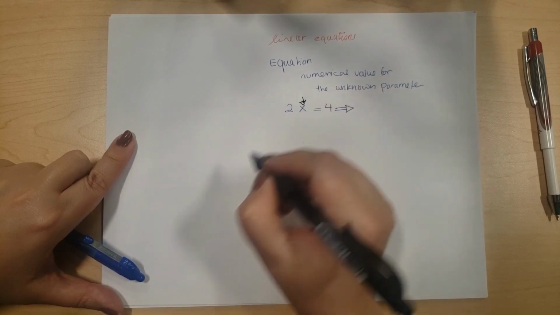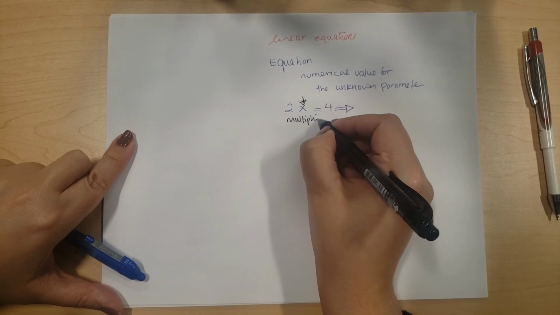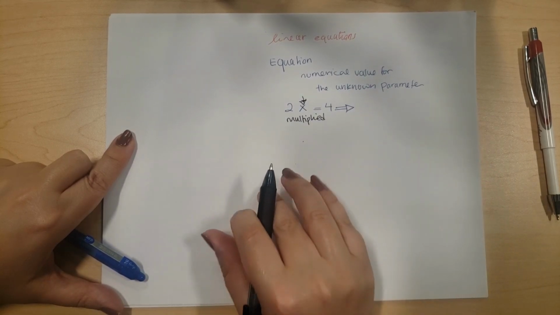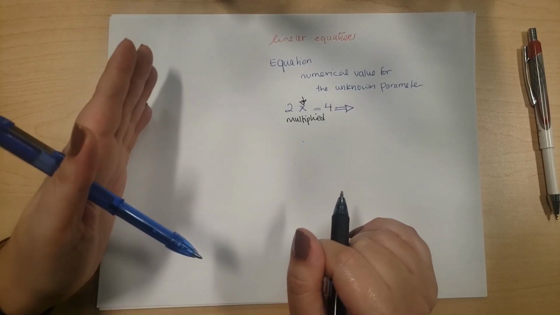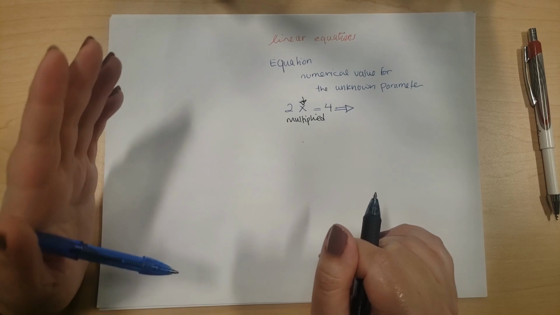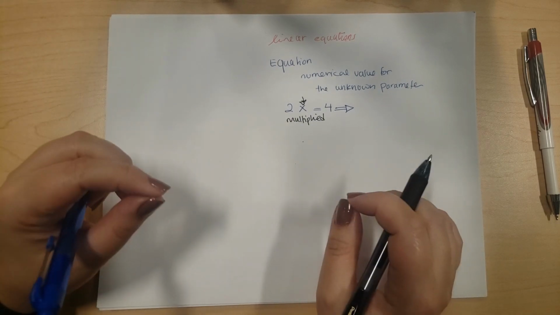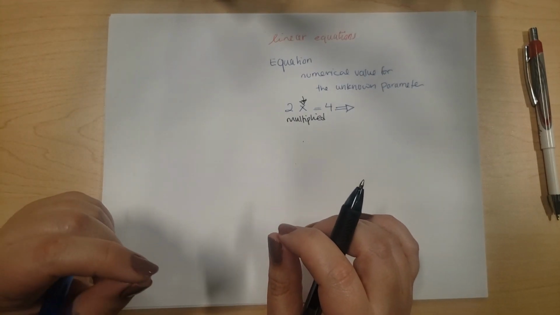This is the unknown parameter. So it's been multiplied. We want to do the opposite and get the x. So the purpose here first is to isolate the x. To isolate the x, we have to do the opposite operation.